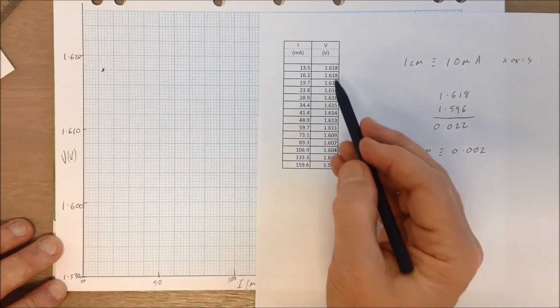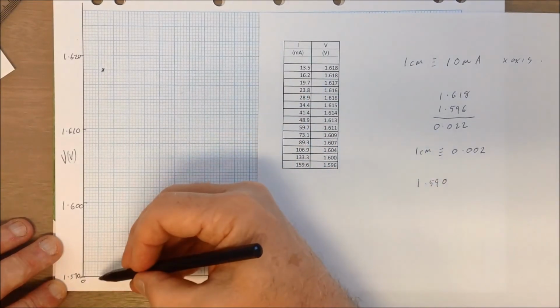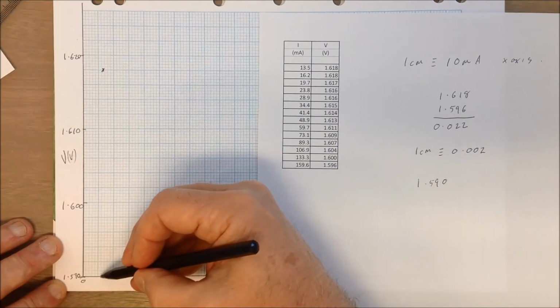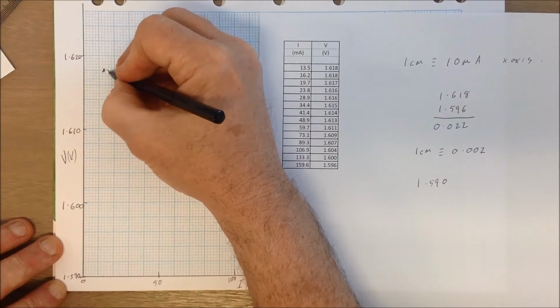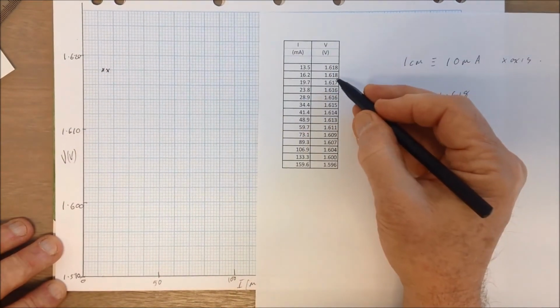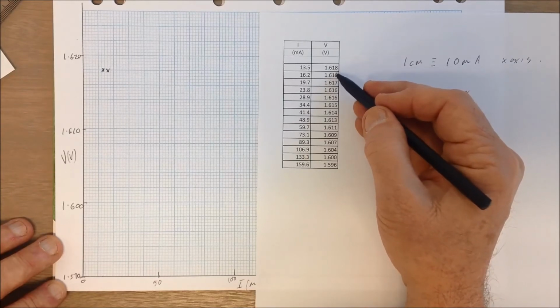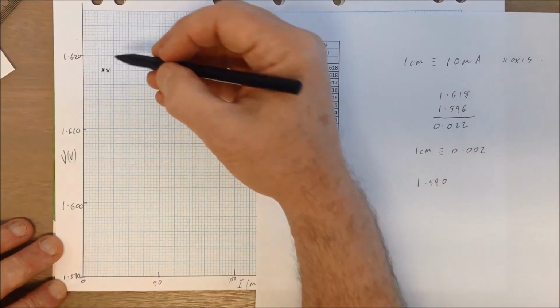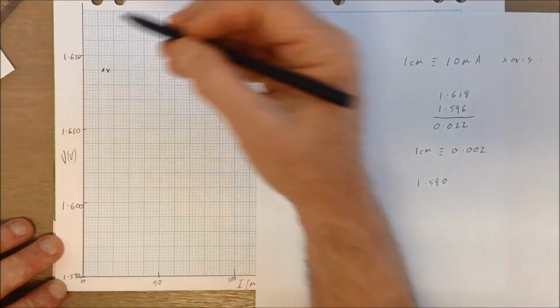That corresponds to my first point. Notice 16.2, 10, 12, 14, 16, 16.2 up there. That data point is also on 1.618. The resolution of our voltmeter is only 0.001 of a volt in this column. On this graph, 0.001 of a volt is half a centimetre.